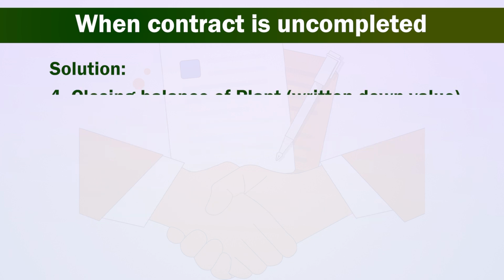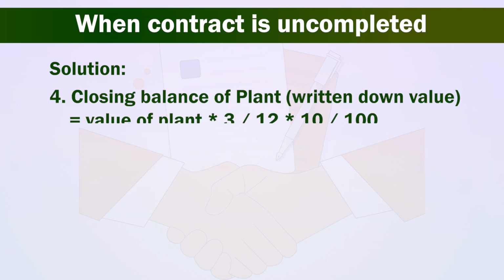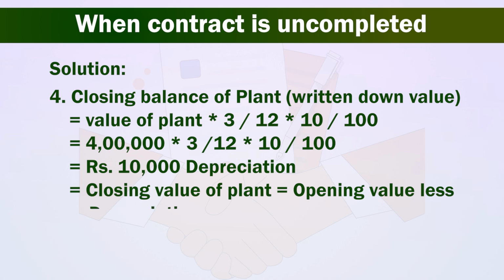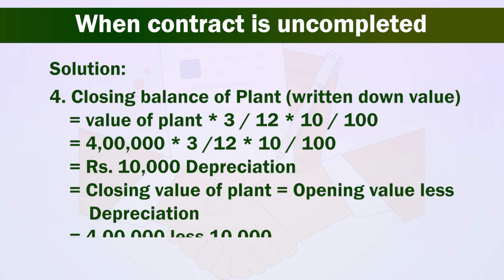Closing balance of plant: we need to calculate written down value, which is equal to value of plant × 3/12 × 10/100, which is equal to rupees 4 lakh × 3/12 × 10/100, which will give us an amount of rupees 10,000, which is our depreciation.